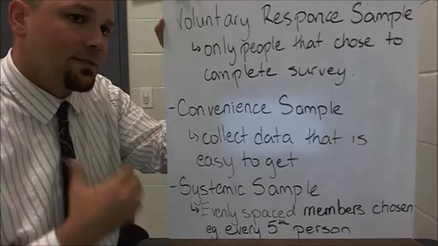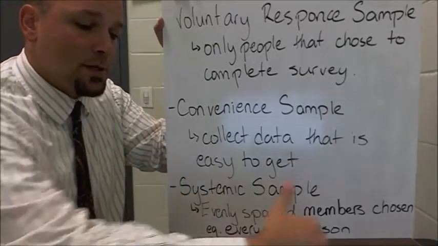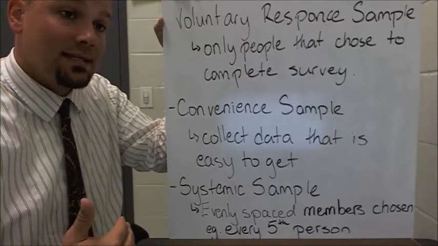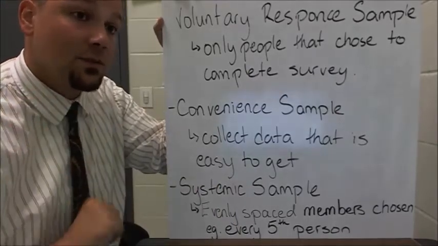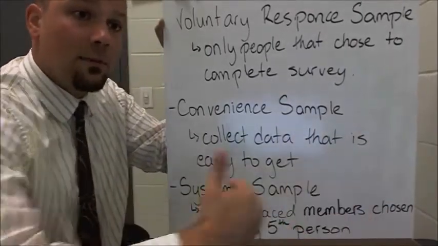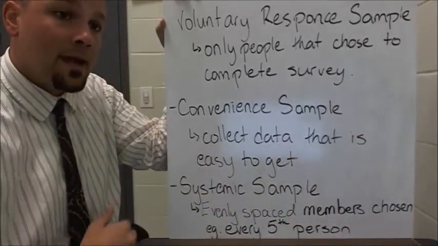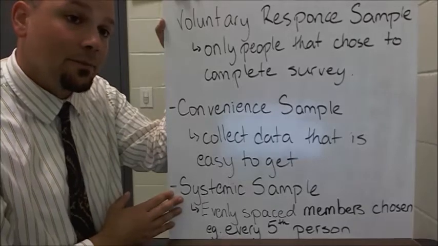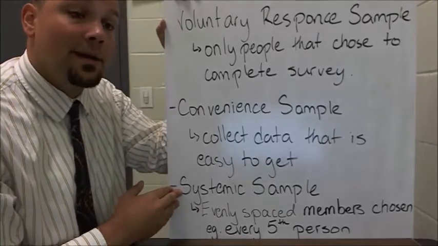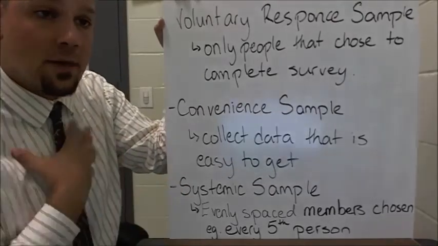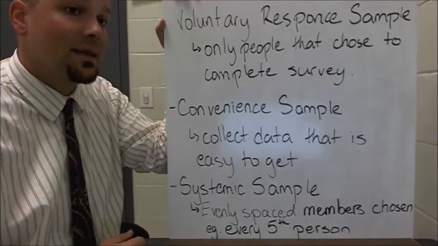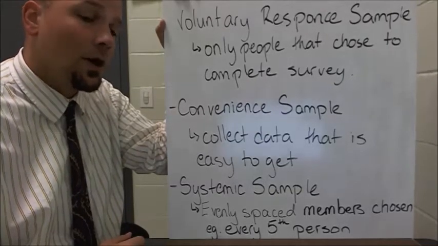For my survey, if I printed out the alphabetical list of all the Castlebrook students and said, I'm going to ask every 10th student this question, I would go down the list to student number 10, number 20, number 30, number 40. Now I have a systemic sample, and that's a very good sample, because it's random. It's not only the students that I know, and they're not volunteering to answer. I'm asking random people questions.